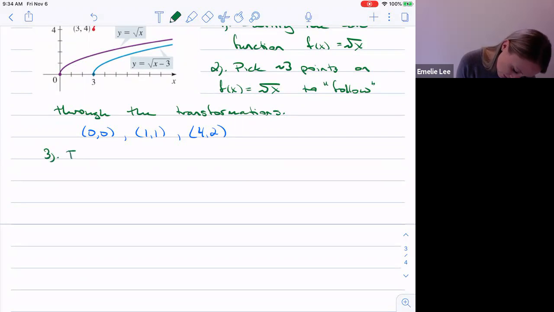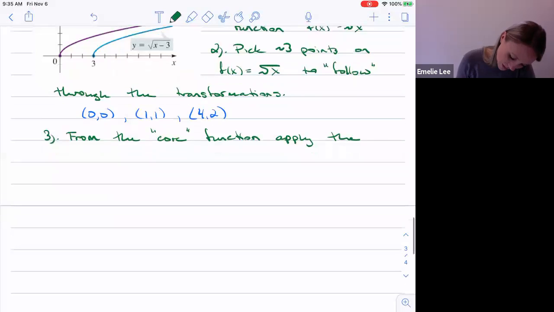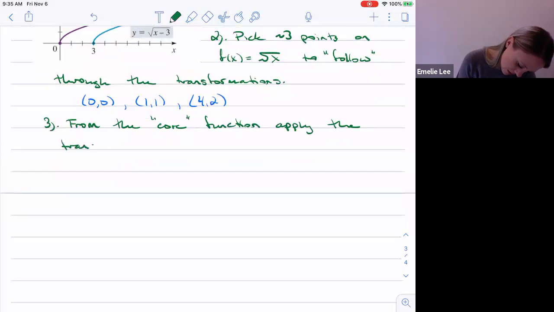3 from the core function, root x, apply the transformations, working your way out.